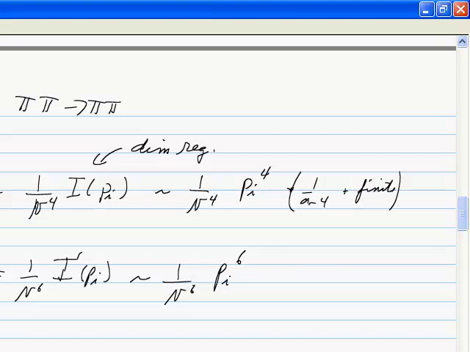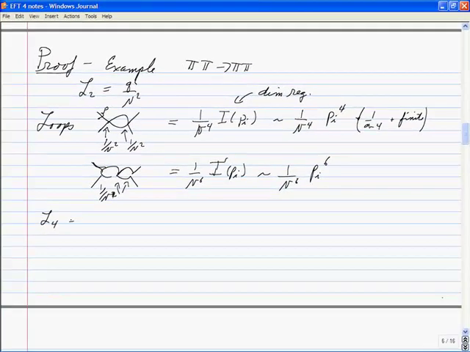If I tried L4, L4 looks like alpha 1 trace D mu U dagger squared. So there's alpha 1 there. Alpha 1 is dimensionless, because I've got 4 derivatives in the Lagrangian.